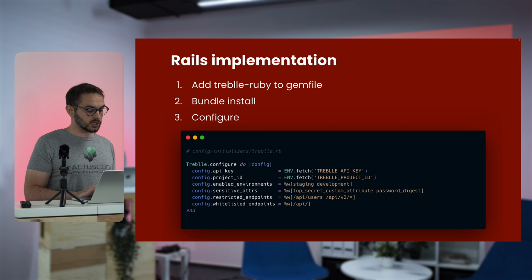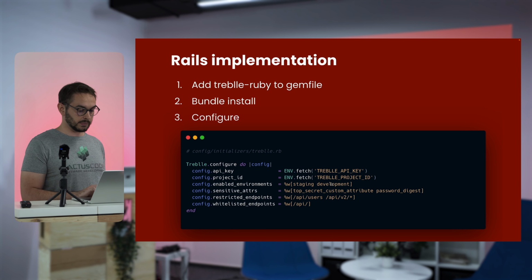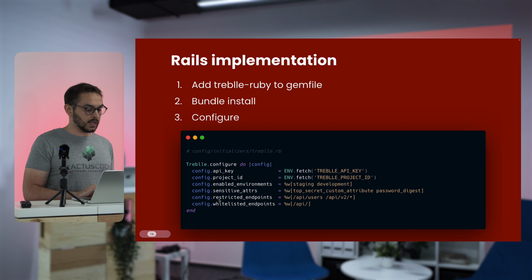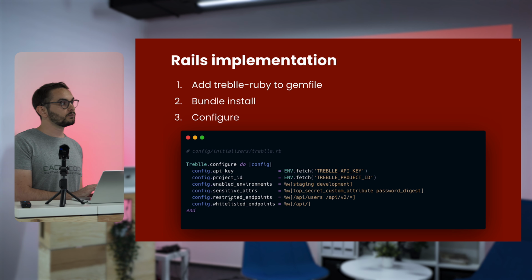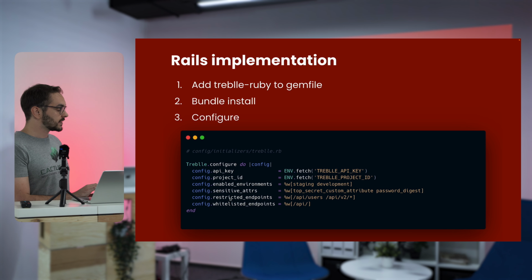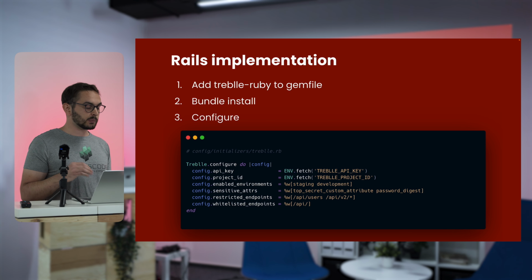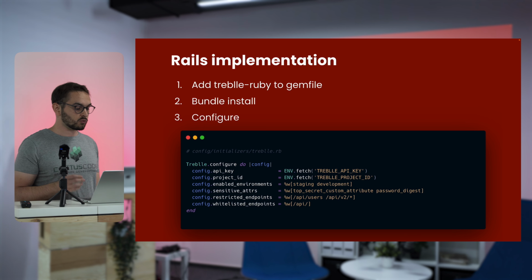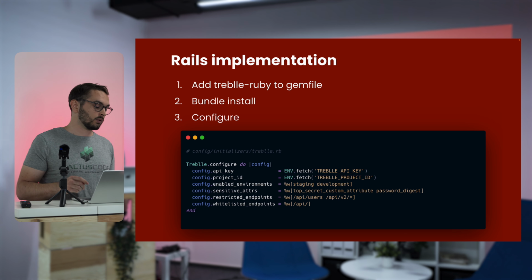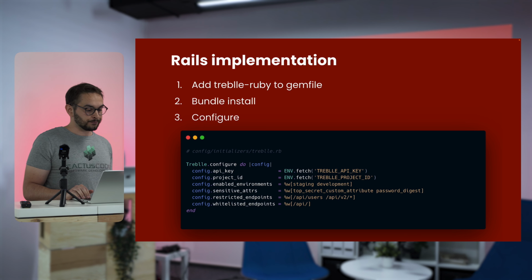But if you want to change that and add additional top secret custom attributes, you can this way. And the last one is restricted endpoints and whitelisted endpoints, which means you can configure specific endpoints that you don't want to track, or that you want to monitor.